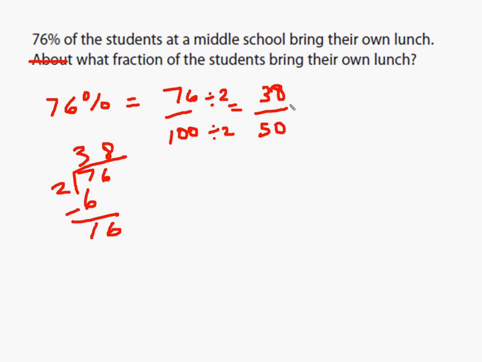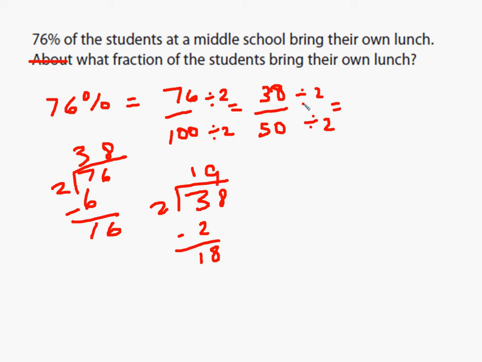Now, I can simplify this further. 38 and 50 are both divisible by 2. Let me divide that by 2. 2 goes into 3 one time, and 2 goes into 18 9 times. So now I get 19 25ths.